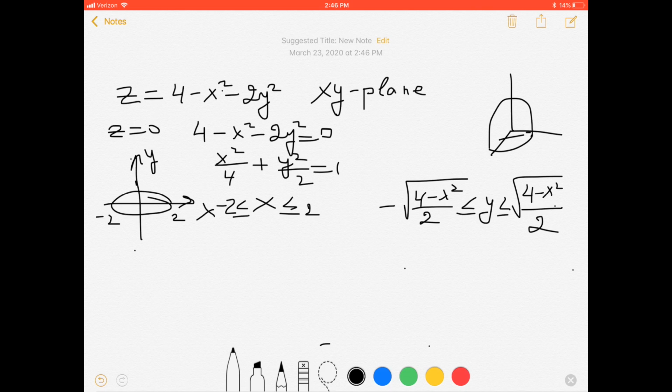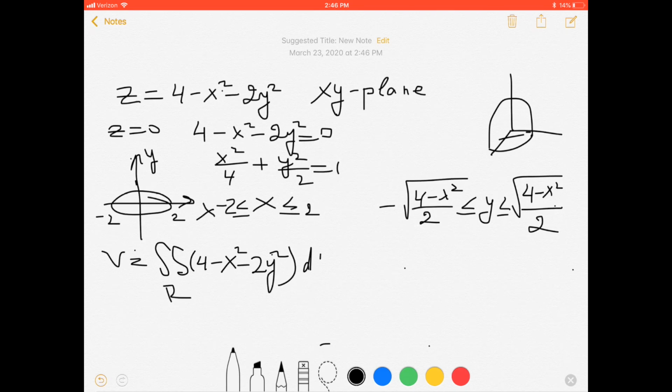What will be the integral here? Volume will be the double integral over this region of your function, the value of your z, this means 4 minus x squared minus 2y squared dA.